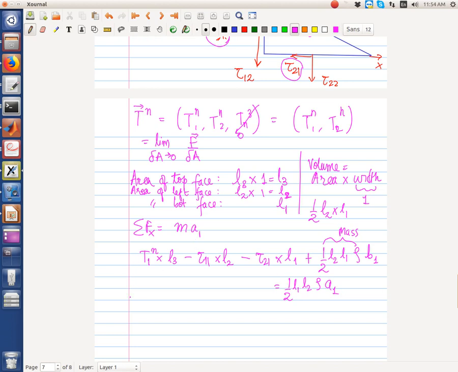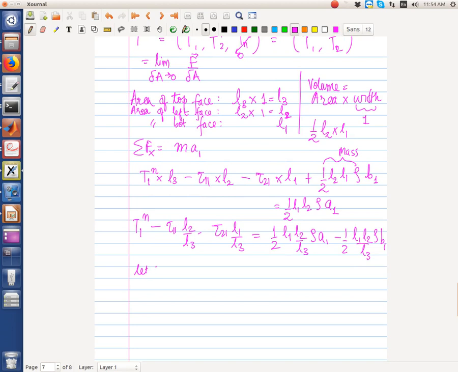Let's divide everything by L3. So we have T1n minus tau 11 L2 by L3 minus tau 21 L1 by L3 is equal to half L1 L2 by L3 rho A1 minus half L1 L2 by L3 rho B1.